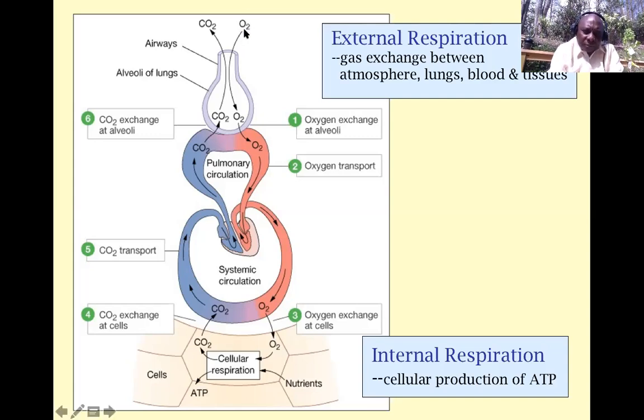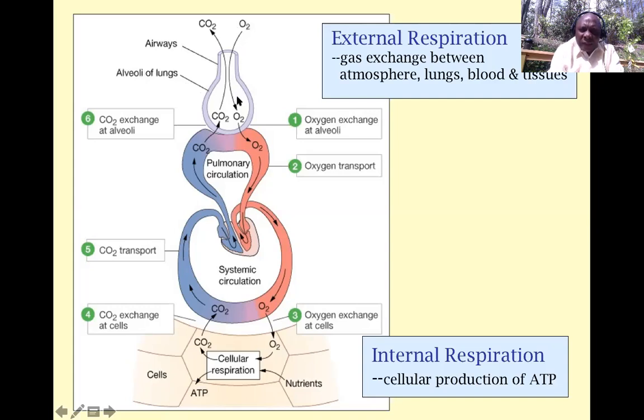So begin with oxygen that's acquired from the atmosphere. So oxygen goes in the lungs up to the alveoli of the lungs. That's the site for gas exchange.